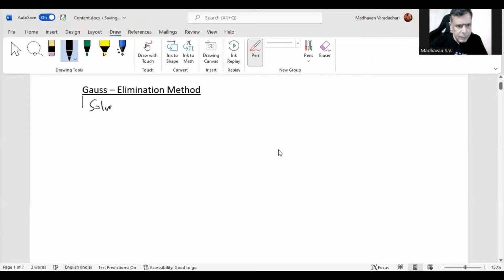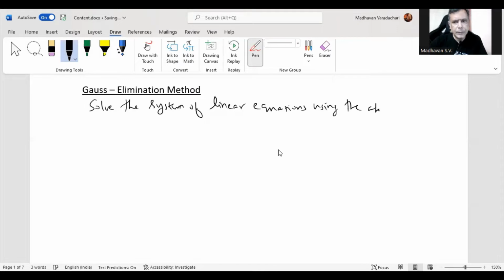Solve the system of linear equations using the above. So the equations given are x plus 2y plus z is equal to 3.